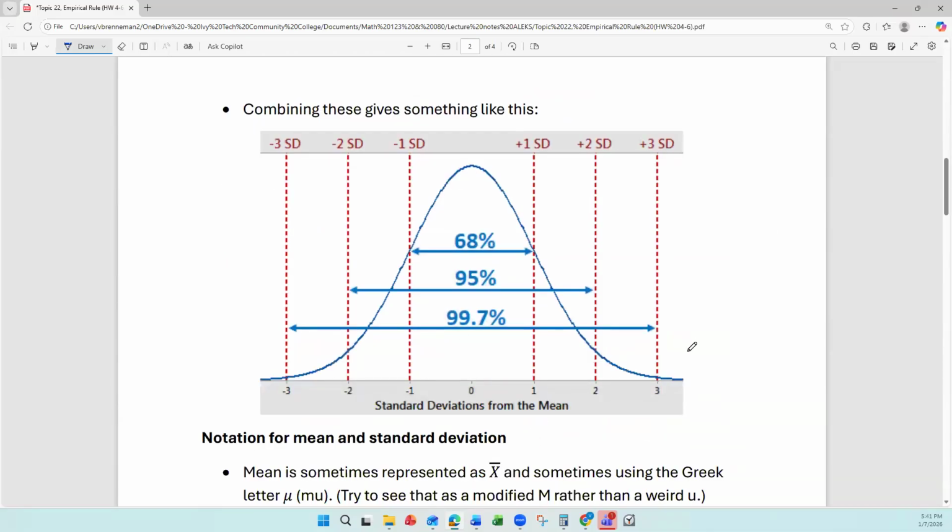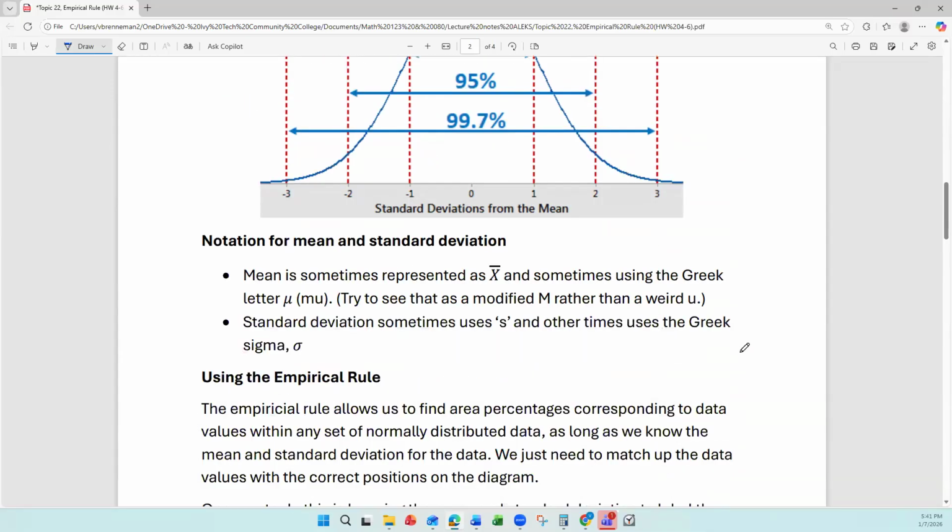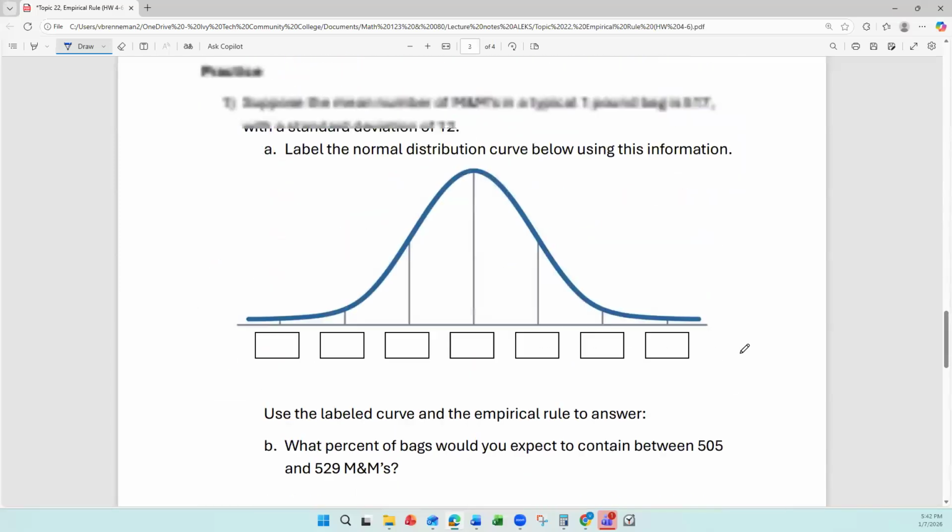So here's a diagram summarizing all of that. You need to know those numbers and what they correspond to: the 68% is 1 standard deviation on each side, 95% is 2 standard deviations on each side, and 99.7% is 3 standard deviations on each side of that mean value in the middle.